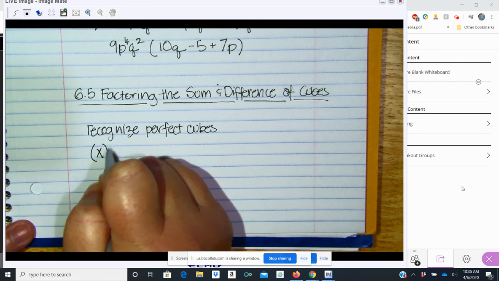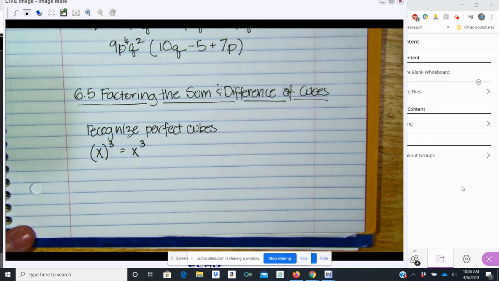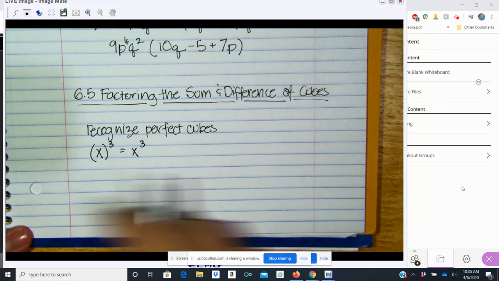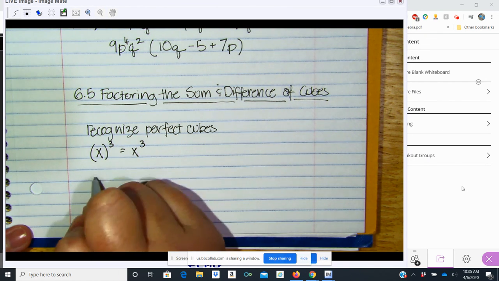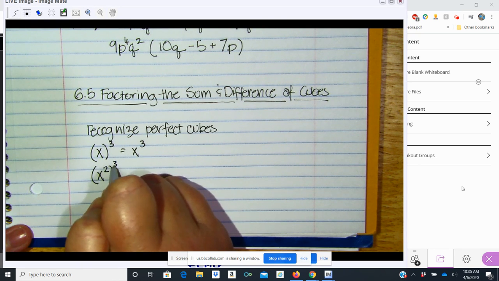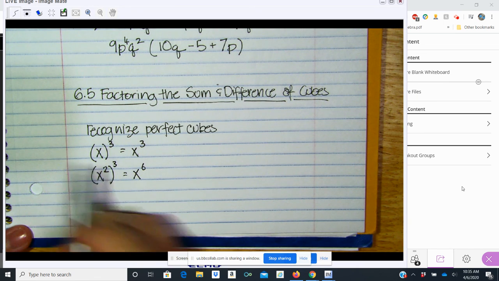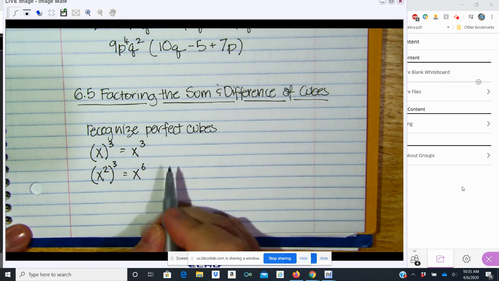If I have an x to the third power, this is going to be x to the third. That is a perfect cube. If I have x squared and I cube that, that's going to give me an x to the sixth. This is also a perfect cube.